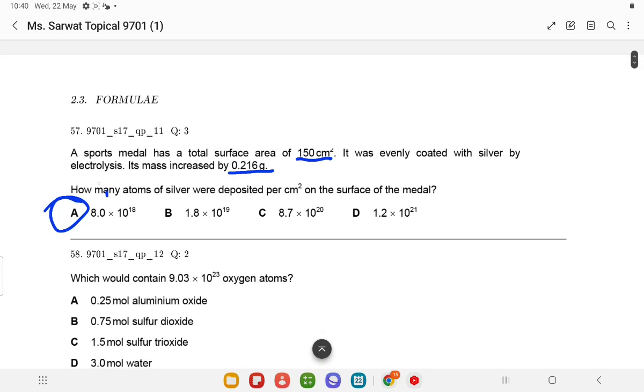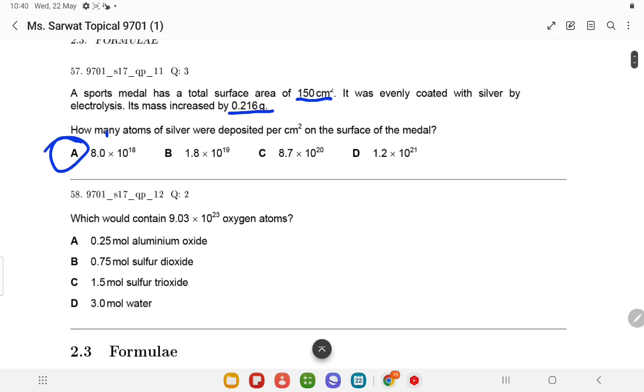Next question: a sports medal has a total surface area of 150 centimeter square. It was evenly coated with silver by electrolysis. Its mass increased by 0.216 gram.